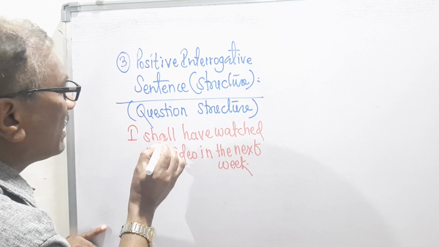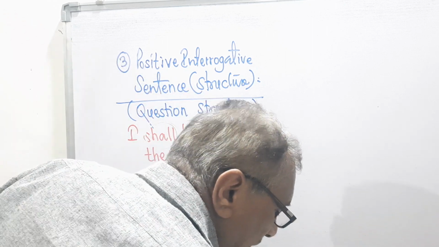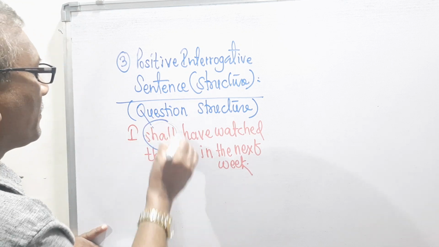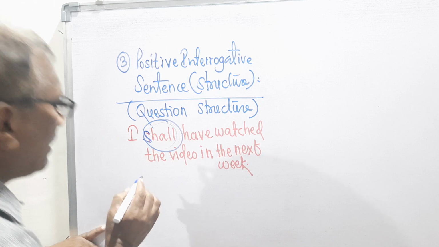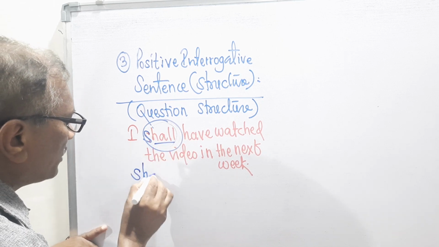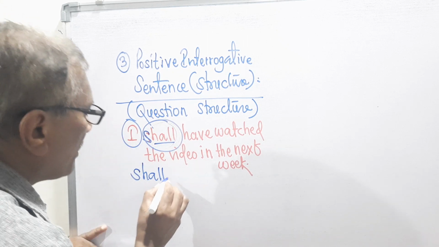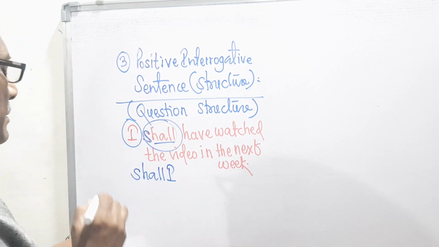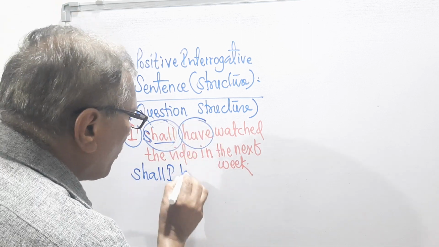At first I will take shall. Then take the subject I: shall I. Then take this have.